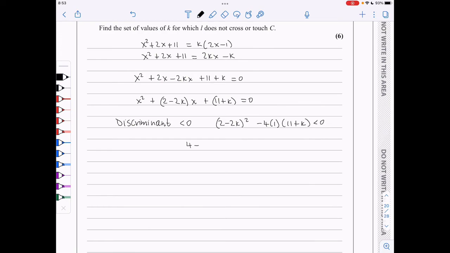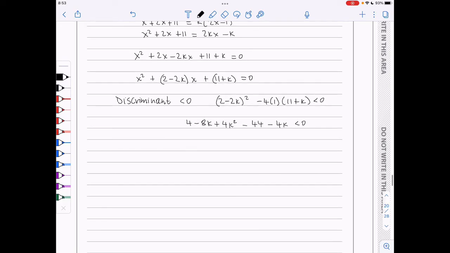It's giving me 4 minus 8k plus 4k squared minus 44 minus 4k less than 0, which gives me 4k squared minus 12k minus 40 is less than 0. I will actually divide everything by 4 to make the numbers smaller. k squared minus 3k minus 10 less than 0. This factorizes into k minus 5, k plus 2. And of course, we've got critical values of 5 and -2.